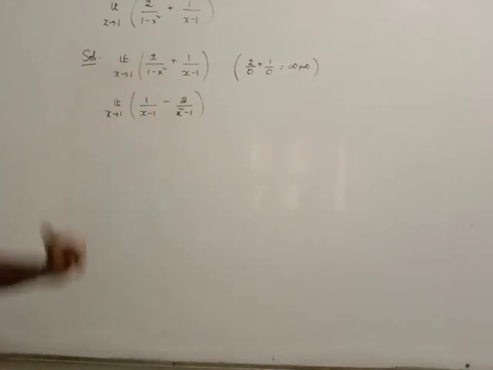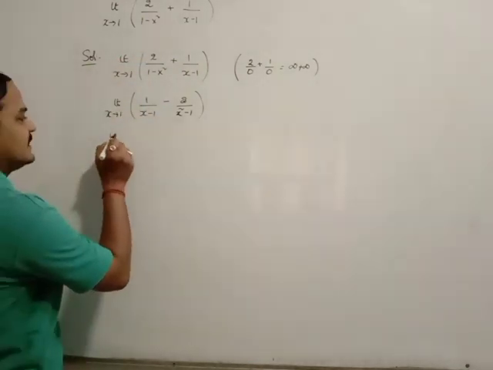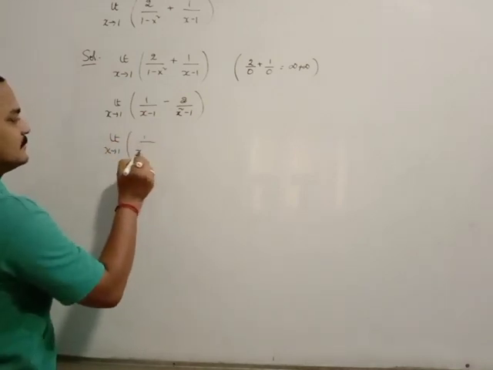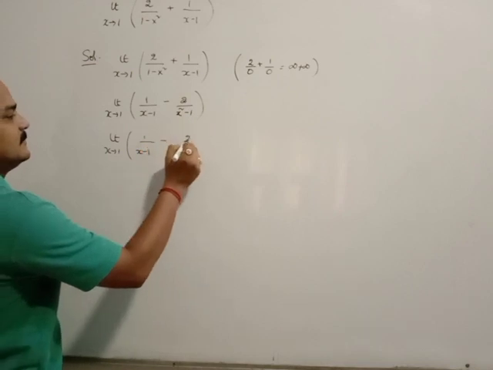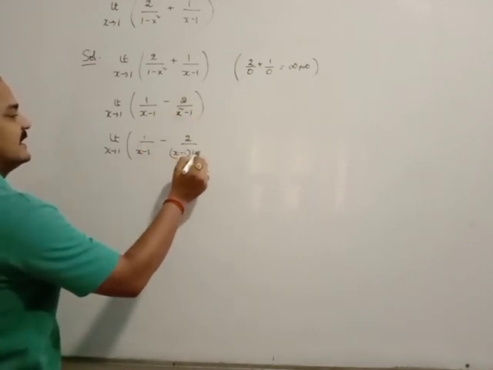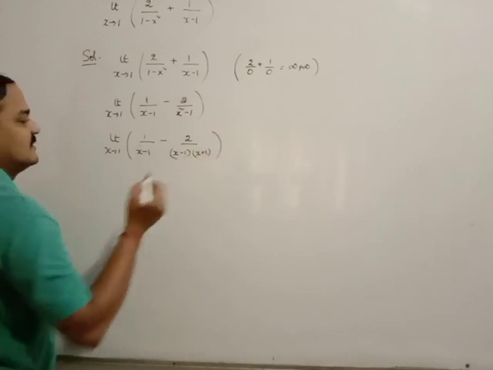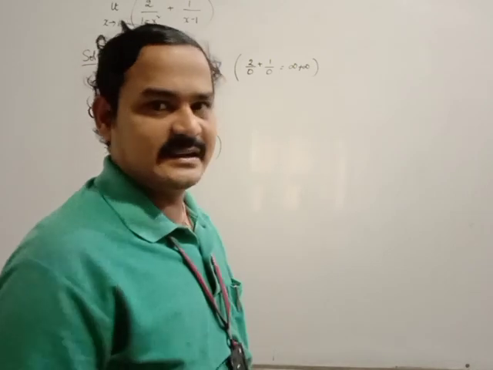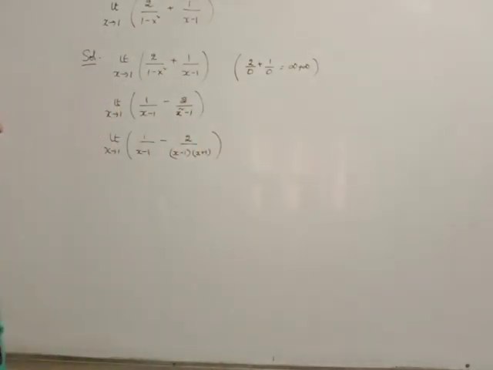Again it can be written as limit x tends to 1, 1 by x minus 1 minus 2 by, applying the a square minus b square formula, x minus 1 into x plus 1.